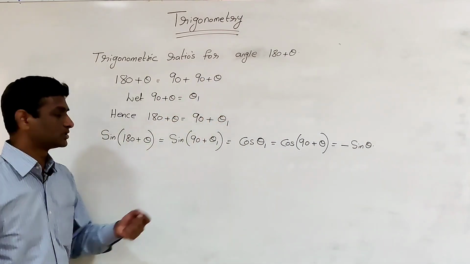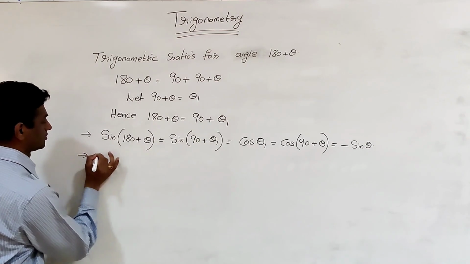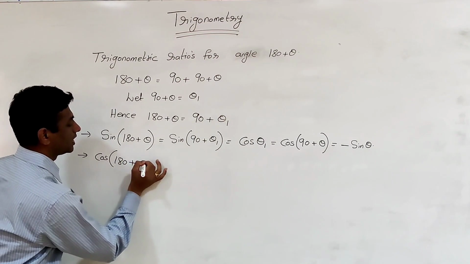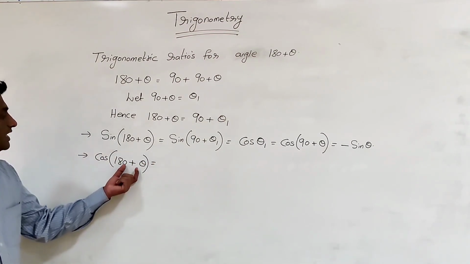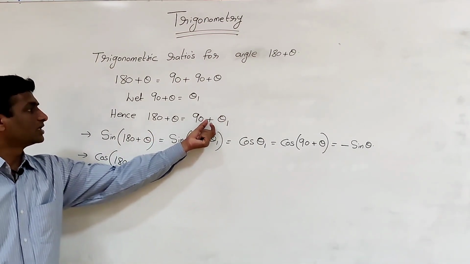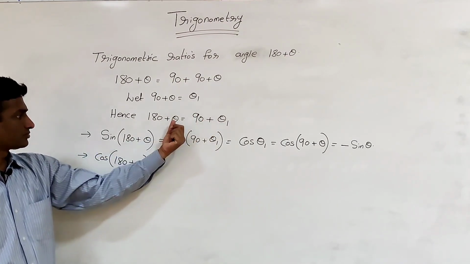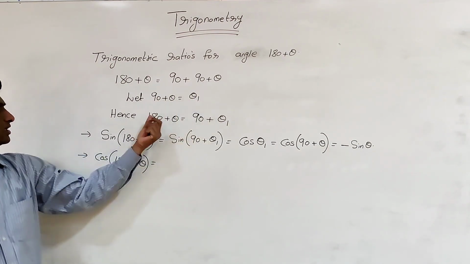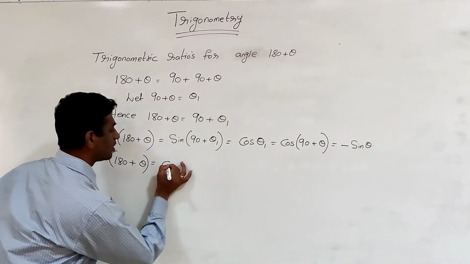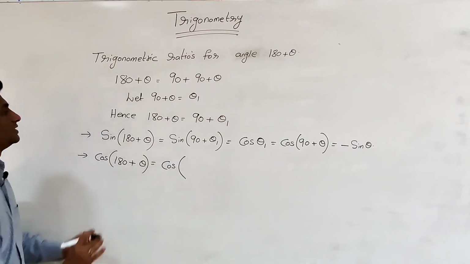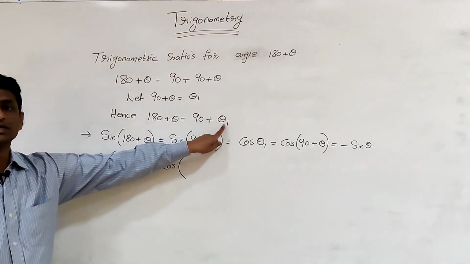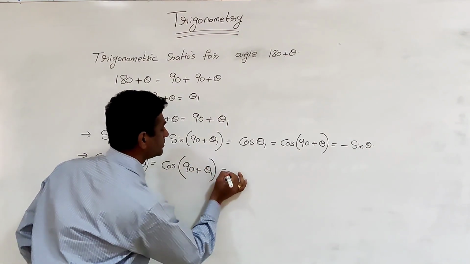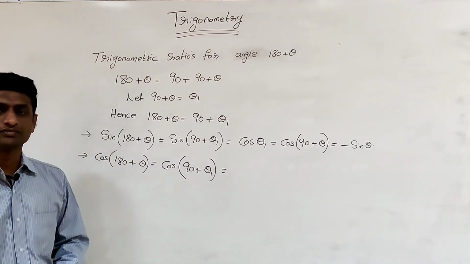Now we will go for cos. Cos of 180 plus theta. Theta 1 is assumed as 90 plus theta. So cos of 180 plus theta is the same as cos of 90 plus theta 1.